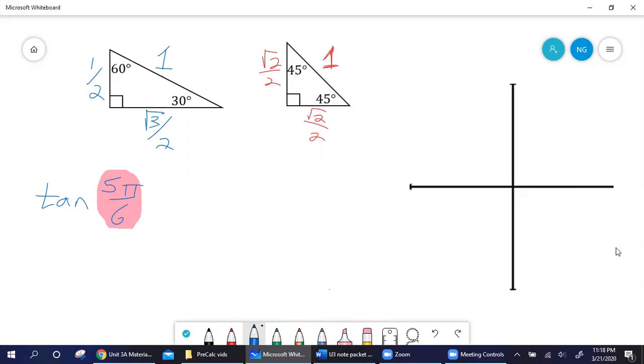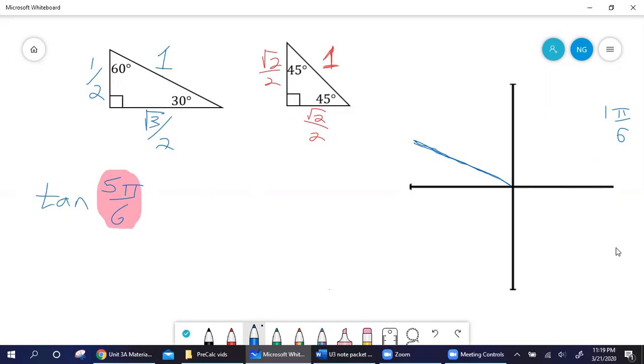So as I was talking about the unit circle, if I know that 30 degrees is 1π/6, then 2π/6, 3π/6, 4π/6, 5π/6. So the angle terminated right here.